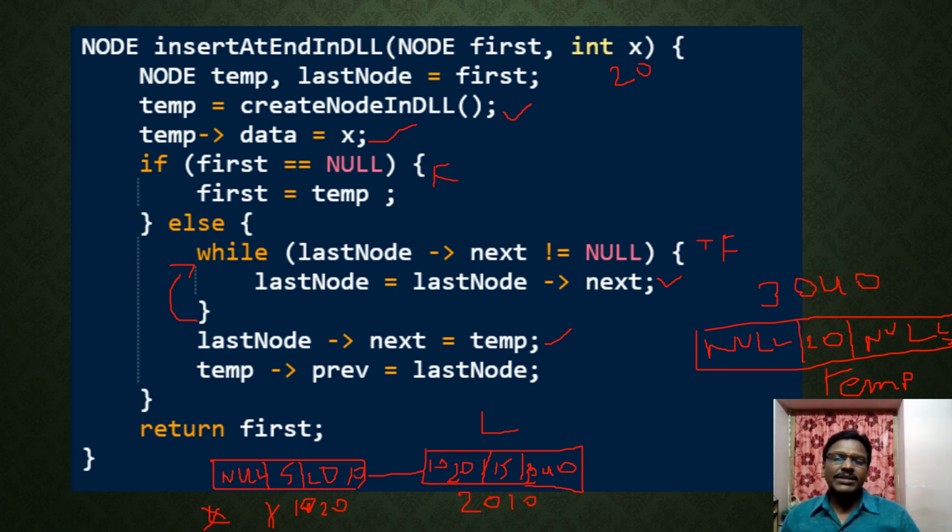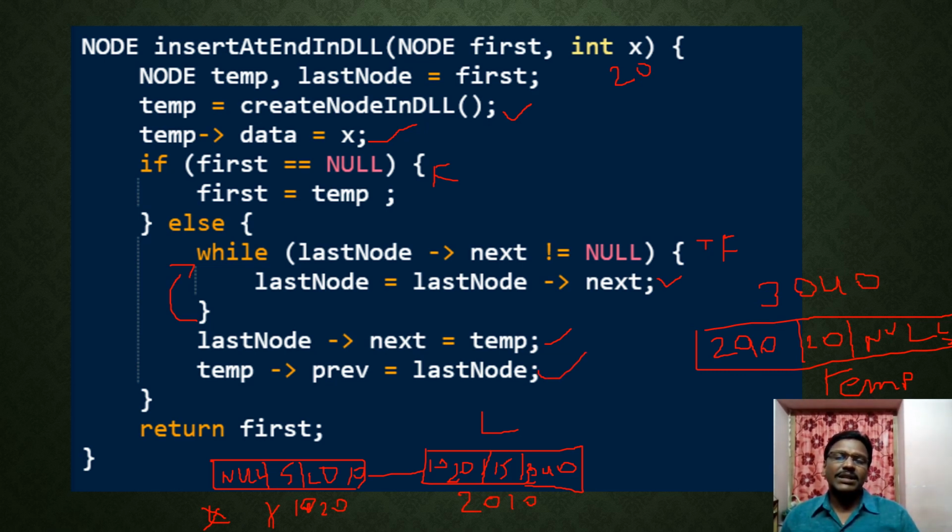Then temp previous is equal to last node. This was the temp, this was the previous. In this location, temp previous is equal to last node. Last node is representing 2010. Then return first.